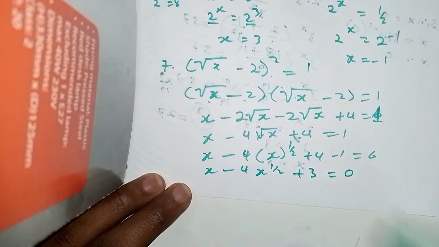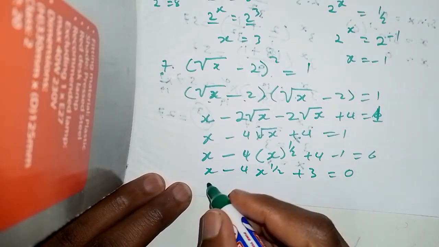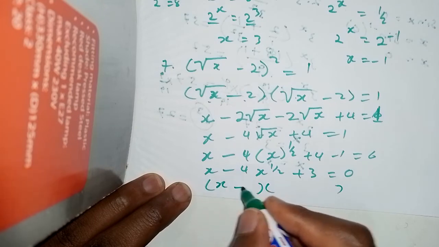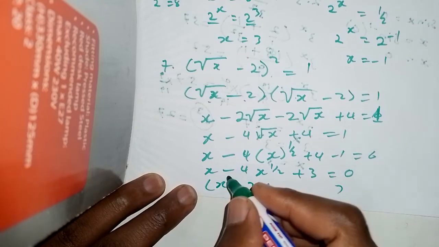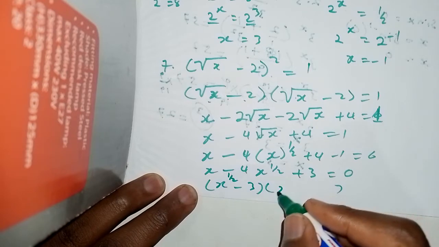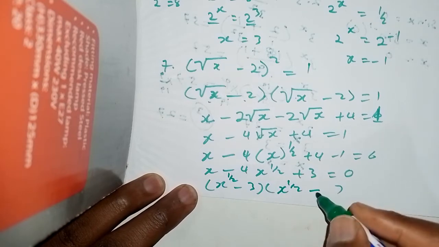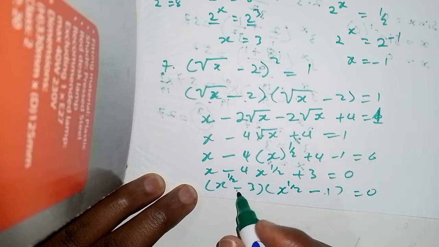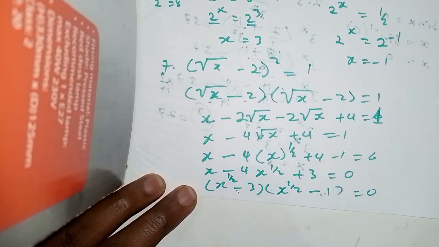Then I can factorize. Remember what I said, let the middle term guide you. I'll have x to the power half minus 3, x to the power half minus 1. This is equal to 0. Negative, negative, positive. Negative 3, negative 1, negative 4, right?